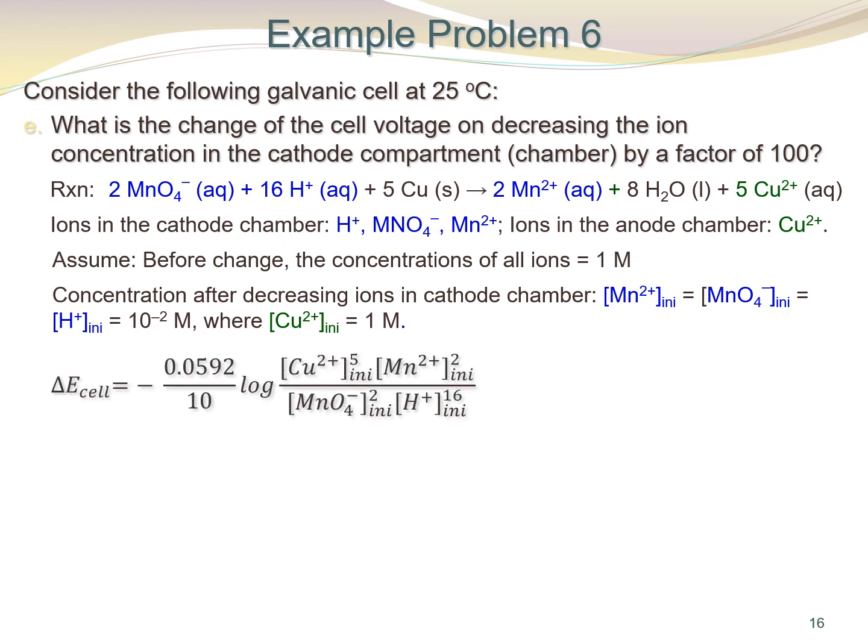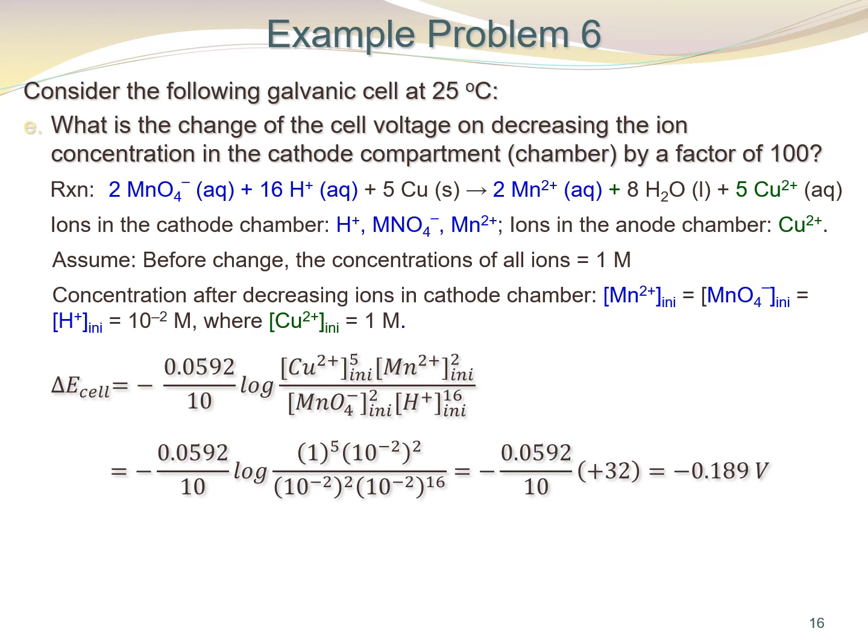From the equation that we got in the previous slide, delta E cell is equal to this equation. As we put numbers in, we realize that these two terms cancel, and this is the value we get. It becomes negative 0.189 volts. The voltage decreases as we decrease the concentration of the reactants.